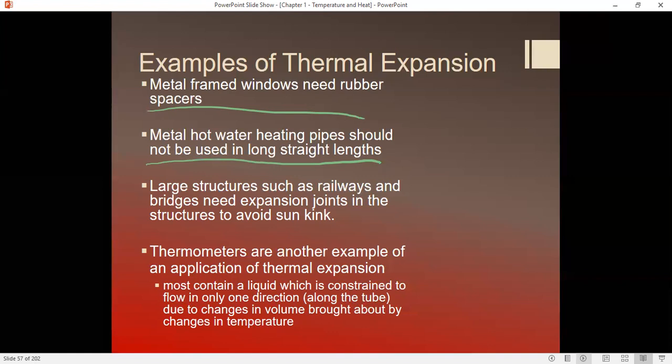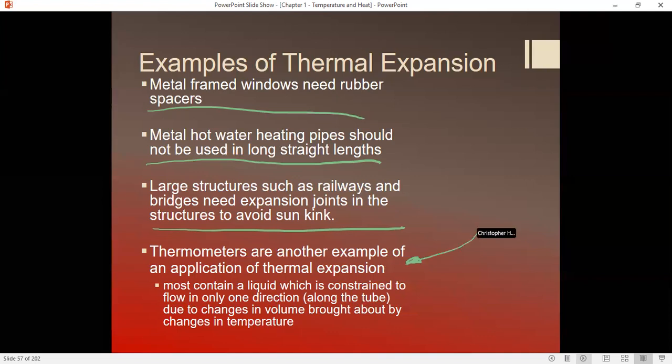As we said, large structures such as railways and bridges need expansion joints to prevent damage. Railway irons actually used to bend and create what are called sun kinks during very, very hot days. And of course, thermometers are another good example of thermal expansion.